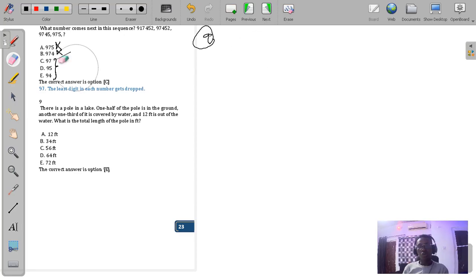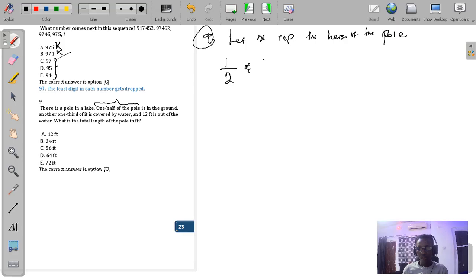Let X represent the height of the pole. Then, according to this statement here, one half of X, which is the pole, is in the ground. This one is for ground. I don't know whether I should call it G yet, I'm just trying to interpret it this way.